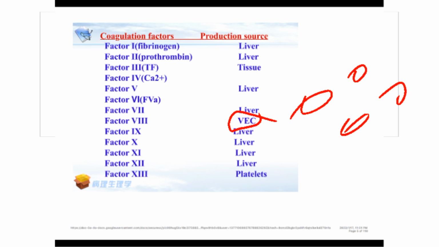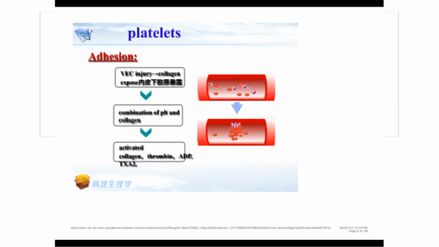These endothelial cells are the ones producing factor 8, not the liver. So if someone has a liver problem, he will have deficiency of almost all the factors, but factor 8 will be there. Factor 8 and tissue factor, and factor 13 also. But factors 9 to 12 are all from the liver. Factor 13 is also from platelets.